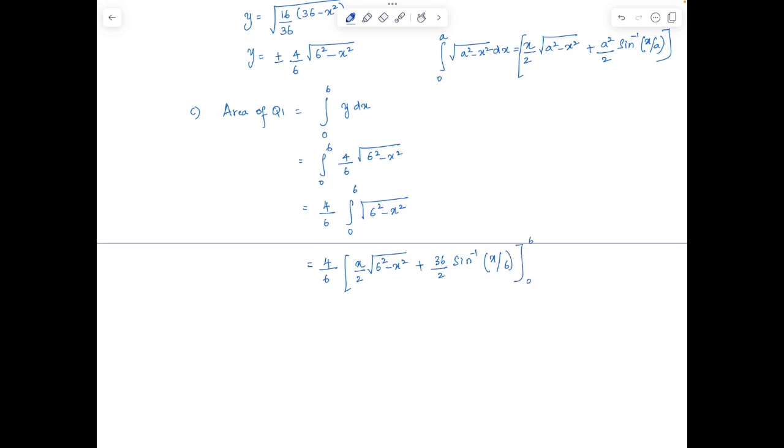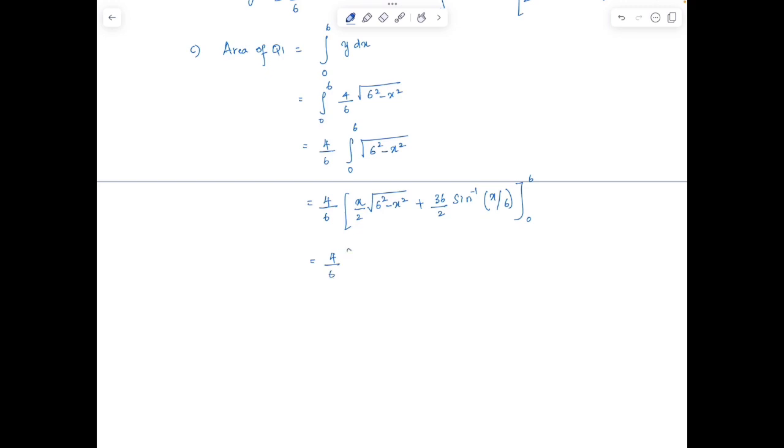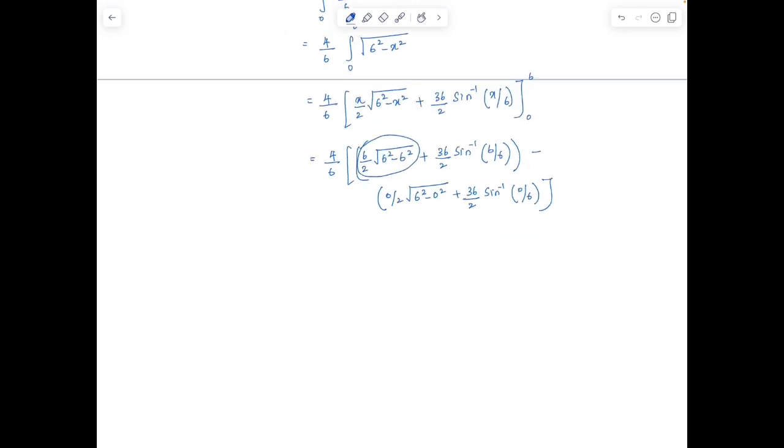Limits 0 to 6. Applying the limits, we get 6 by 2 root 6 square minus 6 square plus 36 by 2 sine inverse of 6 by 6, minus 0 by 2 root 6 square minus 0 square plus 36 by 2 sine inverse of 0 by 6. 6 by 2 root 6 square minus 6 square becomes 0. 36 by 2 becomes 18.